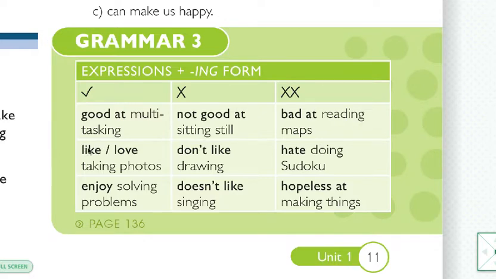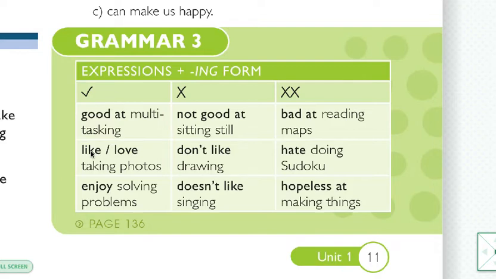If you use, for example, like with play soccer, you can say, I like to play soccer. But if you don't say like to, you have to say like in the ing form. For example, I am good at playing soccer.